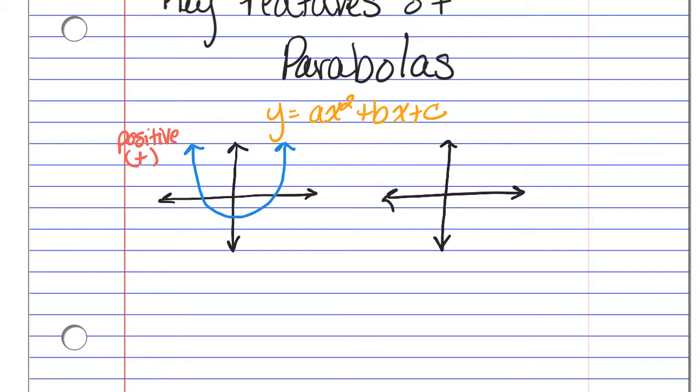And we have negative parabolas that open downward, or point downward, and we call these negative parabolas because they start off negative. So the x squared coefficient starts off negative.